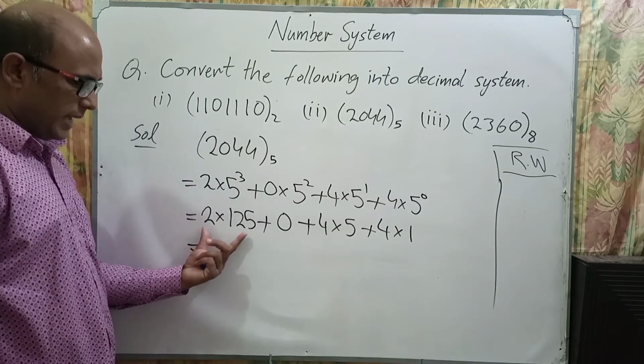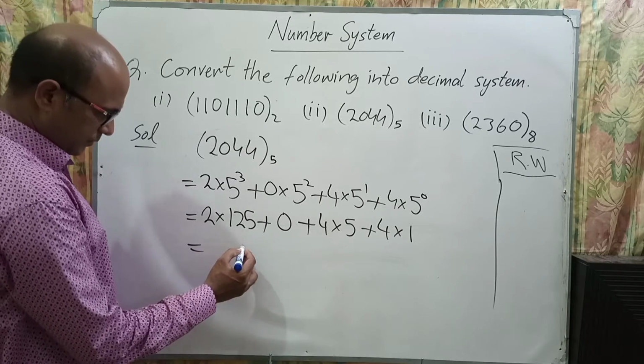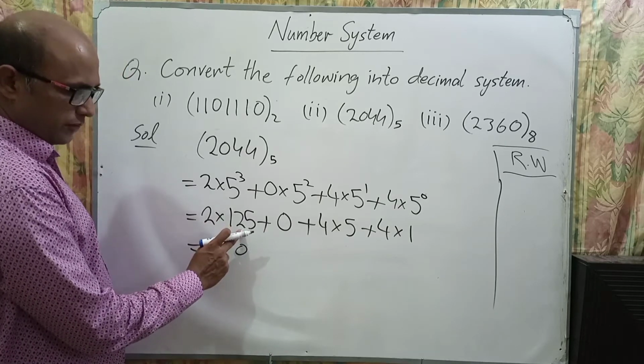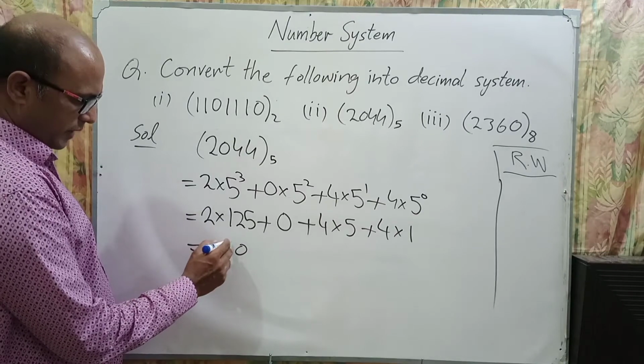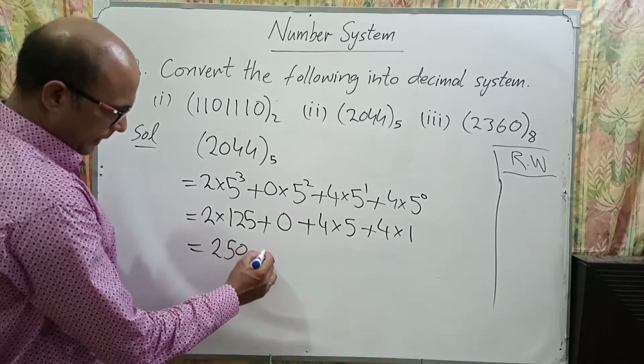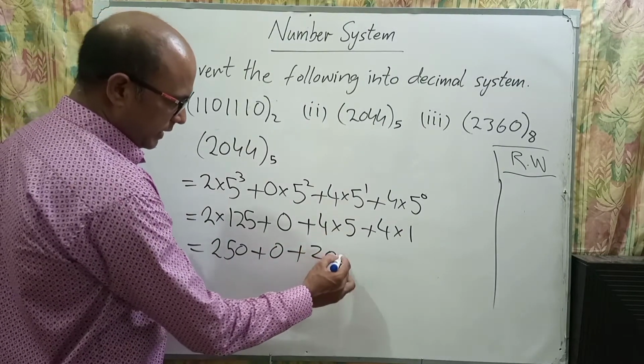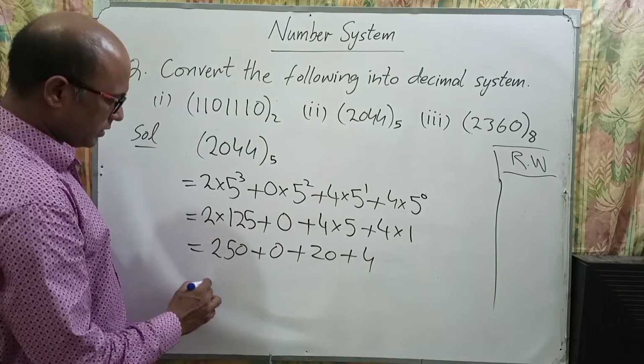Now let's multiply these two numbers. 2 5s are 10, 2 2s are 4 plus 1 5 and 2 1s are 2. 250 plus 0 plus 4 5s are 20 plus 4 1s are 4.